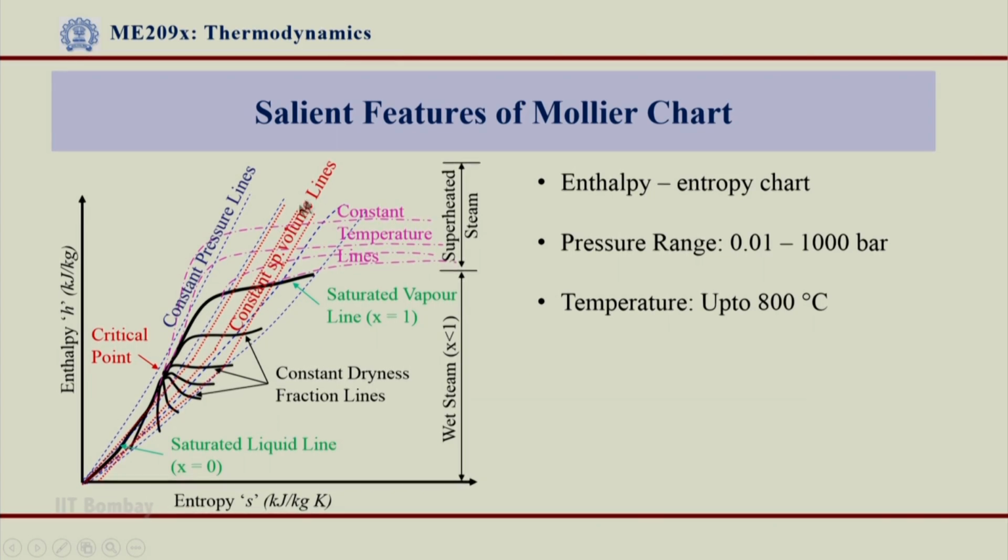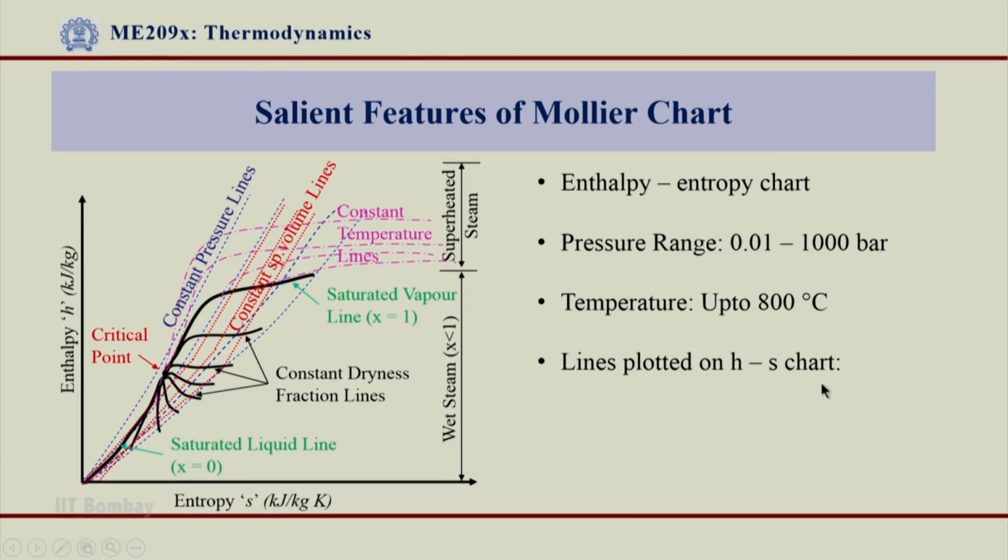Then we have constant specific volume lines also, various lines, all right. So, in all we have various lines, and therefore a lot of data is embedded over here in a graphical format. I can find a point and read all these properties directly from this graph, which I cannot do from the steam table. From the steam table I have to locate these values and interpolate, but here, the moment I know the point where it lies, I get an idea in which zone it is straight away, and corresponding to that point I will read the properties.